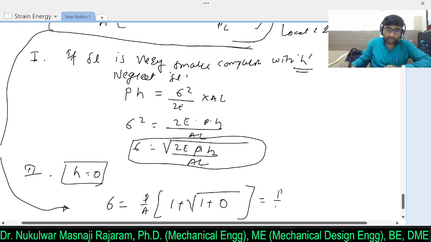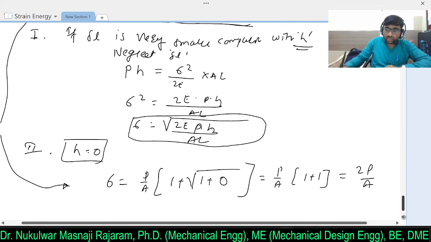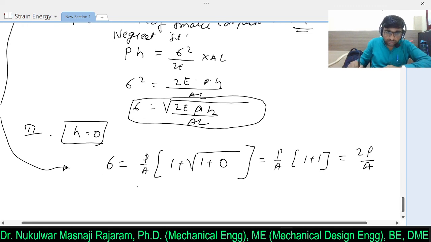So I can write P by A into 1 plus root of 1, which is 1, so I can write 2P divided by A. Clear?